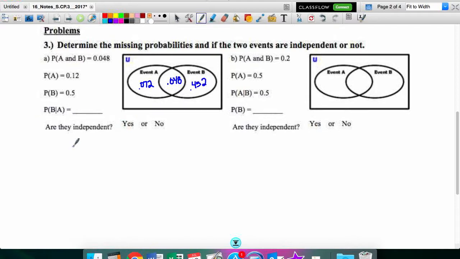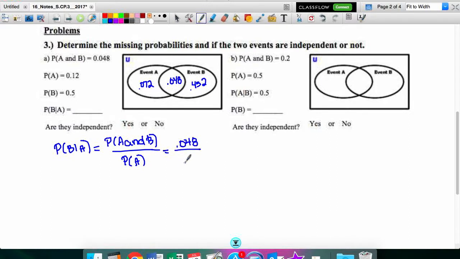We want to calculate the probability of B given A. Because we don't know if these are independent or not, I can't just simply assume that it's going to be 0.5. So I'm going to use the old school conditional probability calculation of the and, probability of A and B, divided by the second term, in this case, A. I plug in the and probability, which I was given, 0.048.